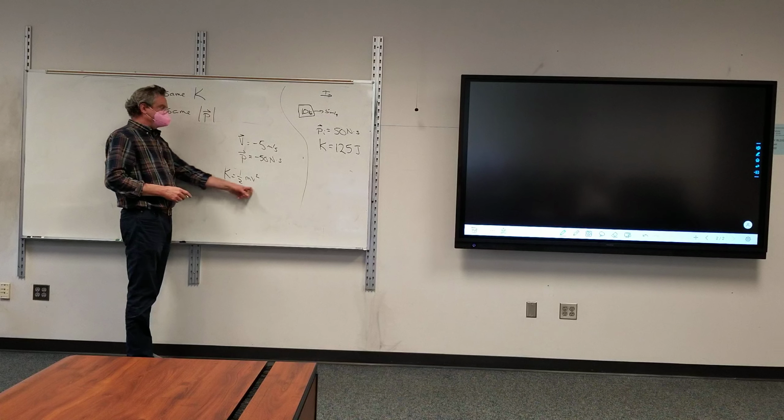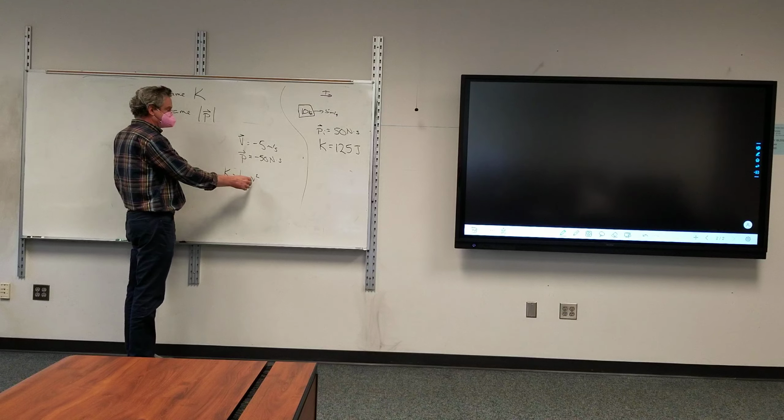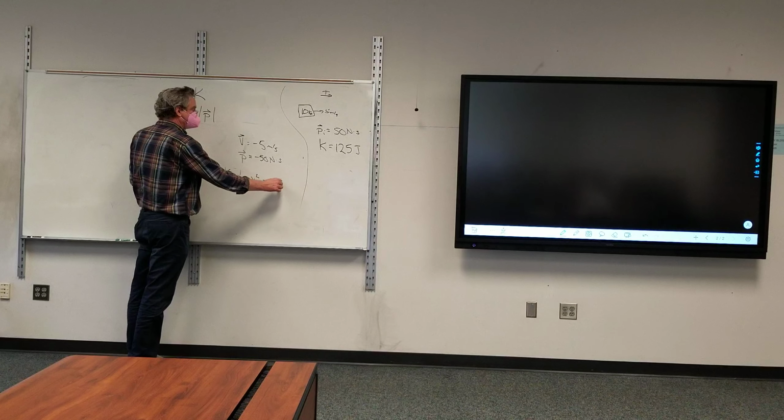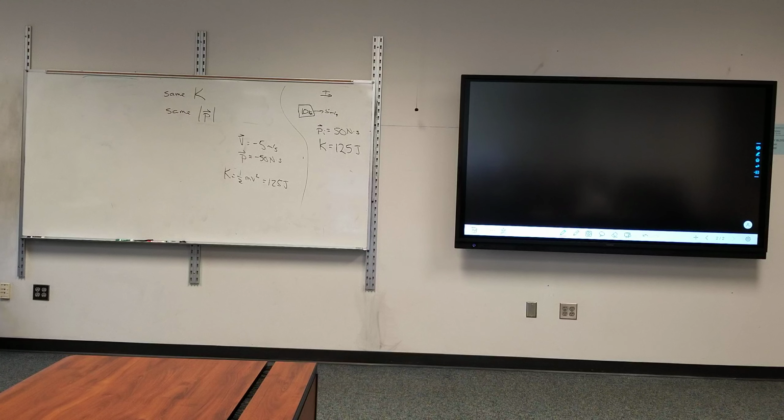And that v is speed, not velocity, so any direction goes away, so that also would be 125 joules. All you do is just change the direction of the velocity, momentum magnitude is the same, and kinetic energy is the same. Questions about that, because we're about to make it more complicated.